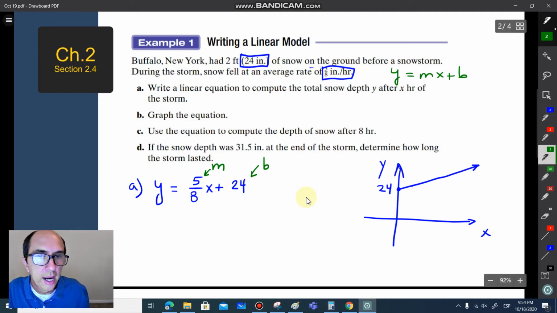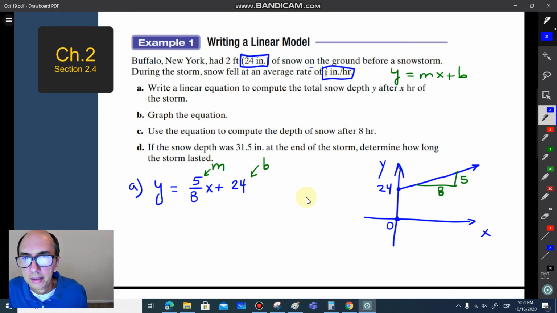The m, the rate here, the slope is going to be 5 the rise and 8 the run. This is the slope. This is just a sketch, just to understand and to visualize the graph. And this is B.